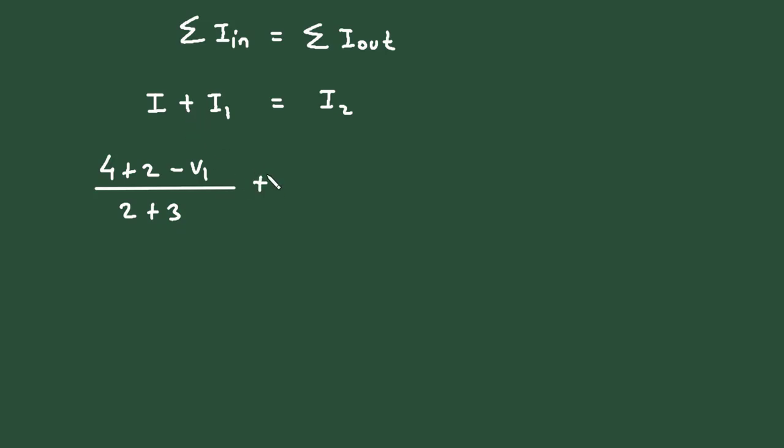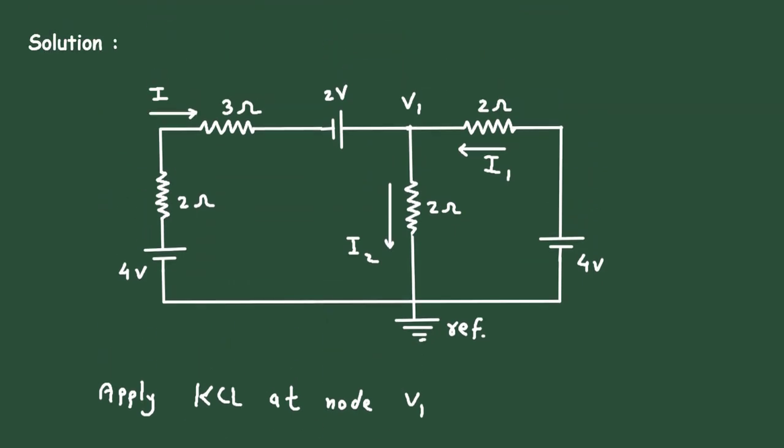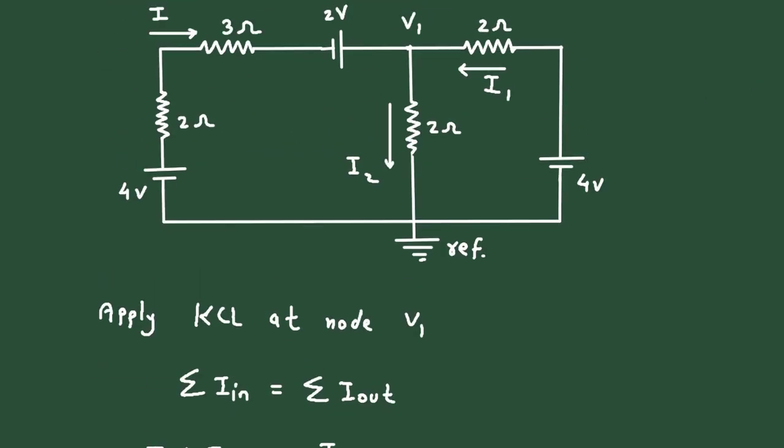Now plus I1. The expression for I1 will be 4 minus V1 divided by 2, is equal to I2.